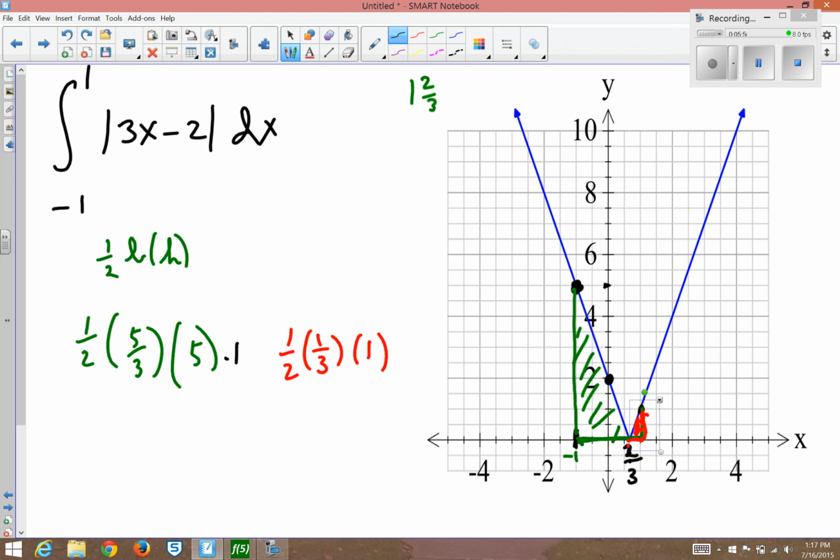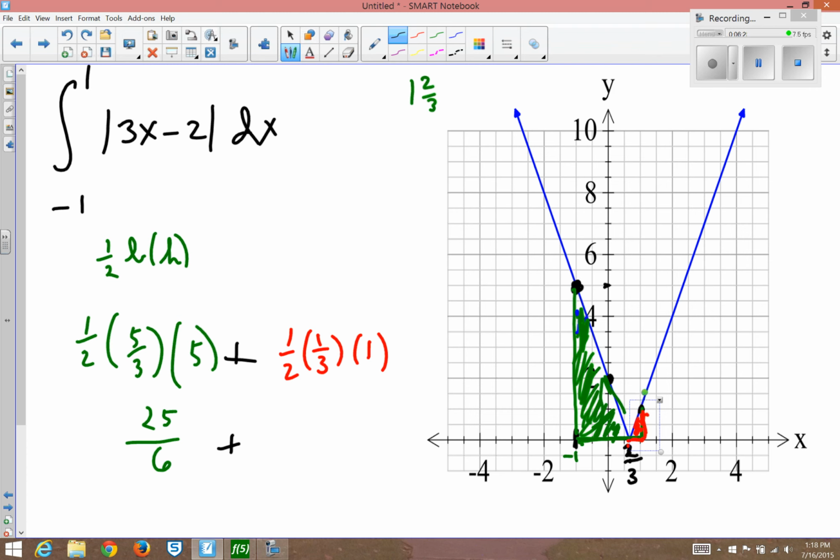If we add these together, the area of the green triangle plus the area of the red triangle, we get the value of this integral. The area of the green triangle is 25/6. 1 times 5 times 5 over 2 times 3 times 1.